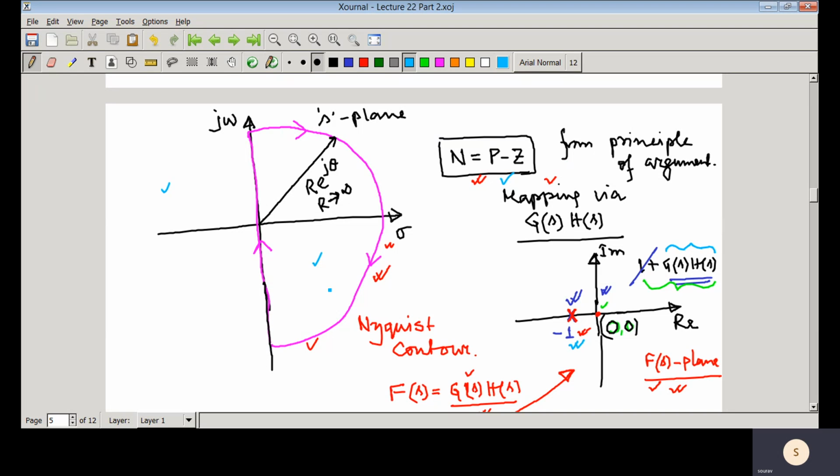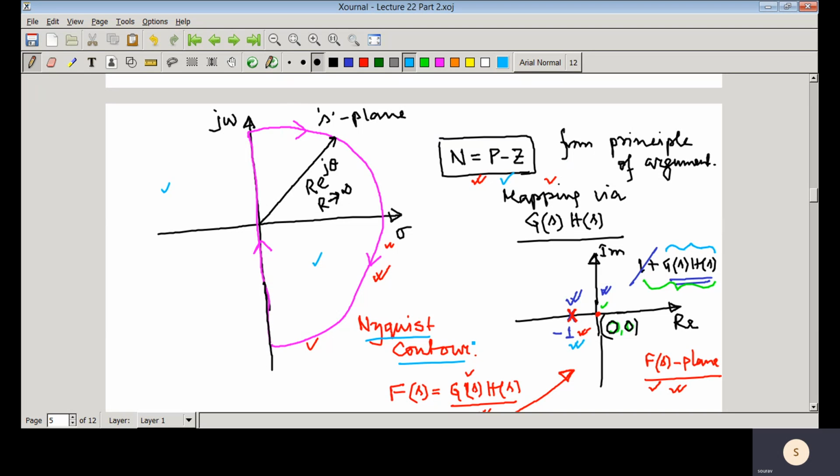This region is the closed right half plane, and this region is indicated by that Nyquist contour. So one condition is the Nyquist contour should not pass through any poles and zeros of G(s)H(s).